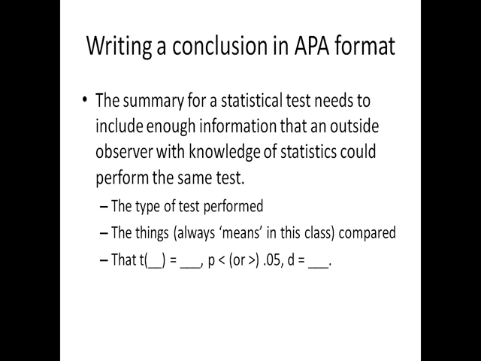When we're writing a conclusion about a statistical test in APA format, we need to include enough information that someone that is familiar with statistics could perform the same test and get the same answer.